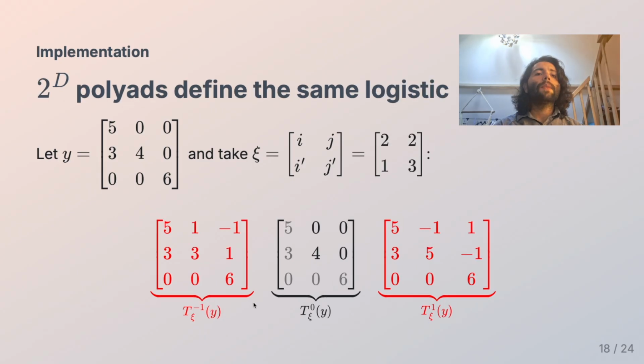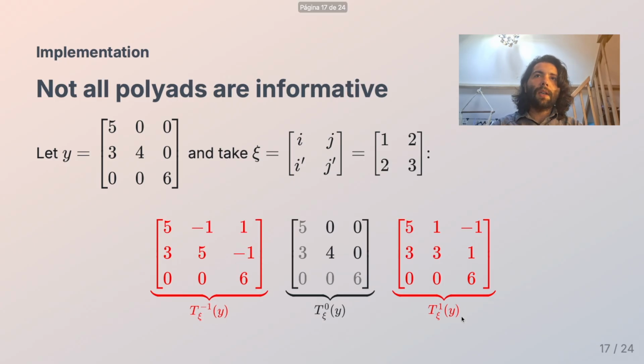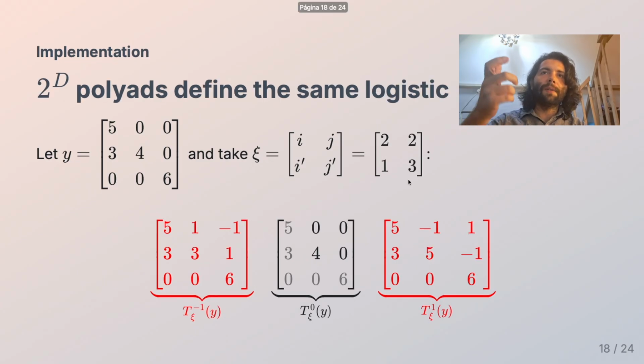And besides that, we also explore the fact that two different polyads can define the same logistic. So, for instance, here I'm taking a polyad with lines 1 and 2 and columns 2 and 3. If I just flip the lines to be 2 and 1, I will flip the signs.